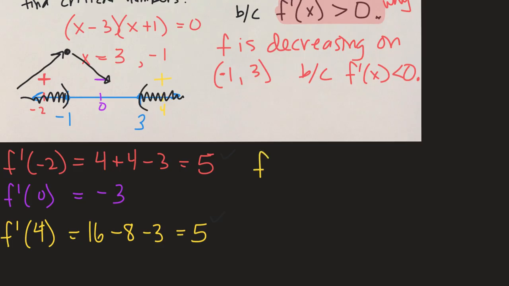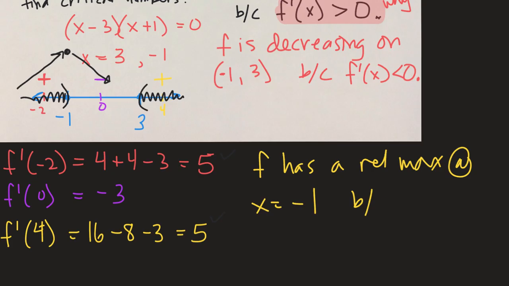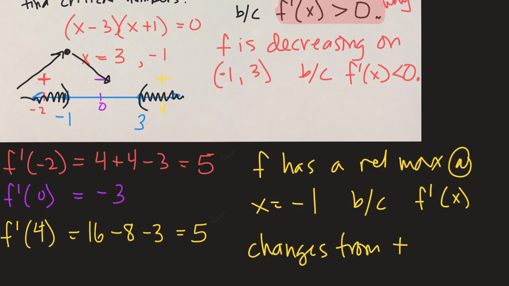So we write f has a relative max at x equals negative 1, because f prime changes from positive to negative. You can literally write the word positive or POS, and you can write negative or NEG. Those are your acceptable reasons.